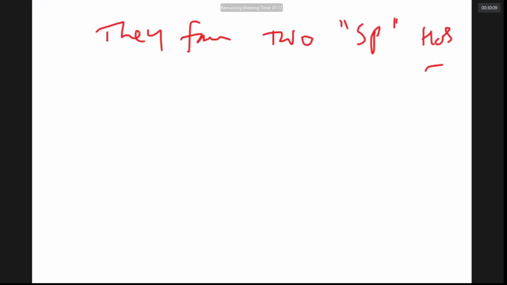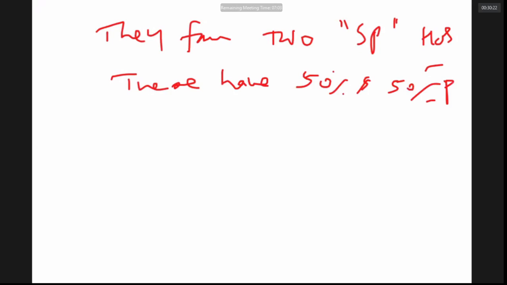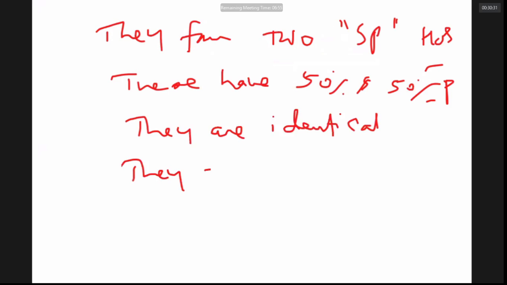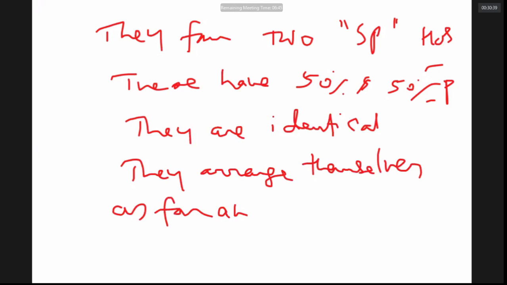And all hybrid orbitals are identical. These have 50% s character and 50% p character. They arrange themselves as far away as possible.